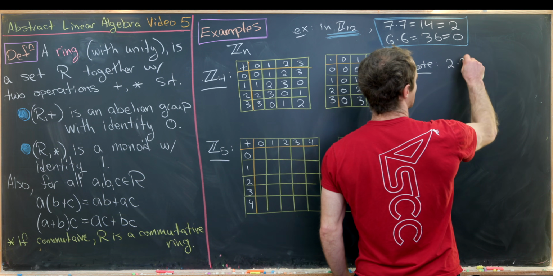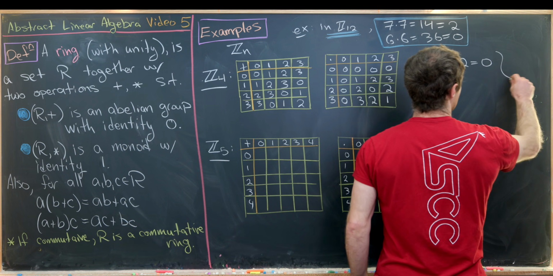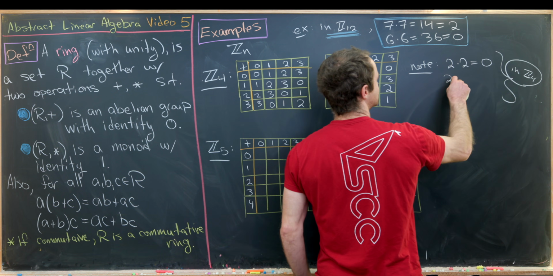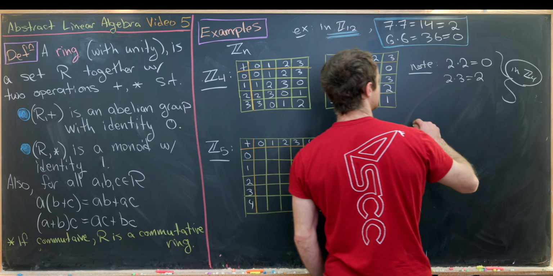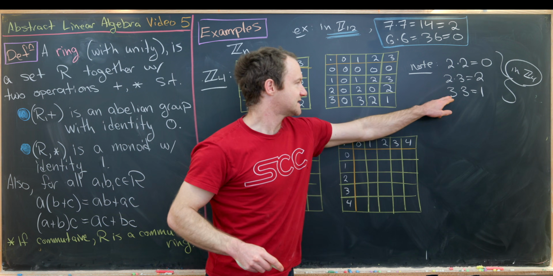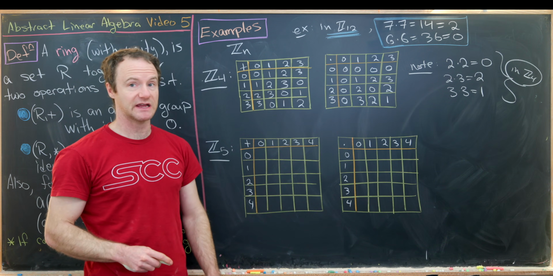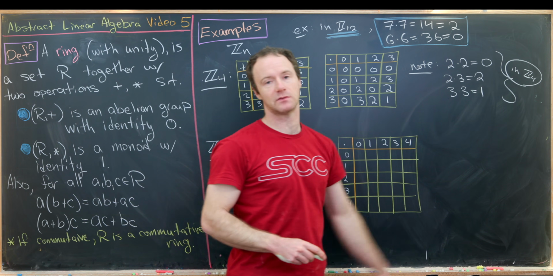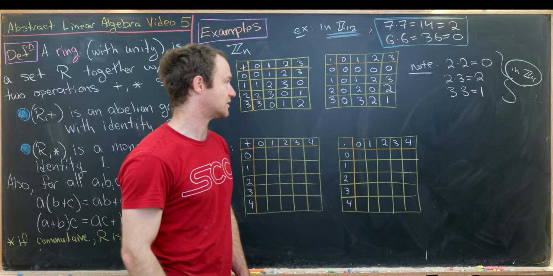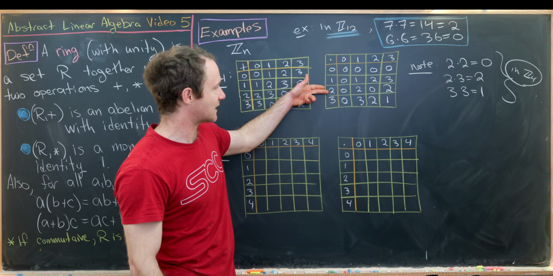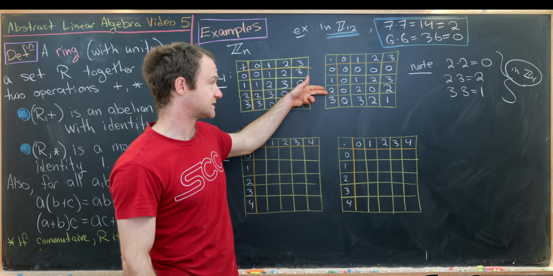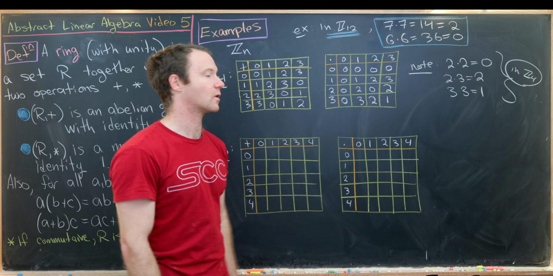We have 2 times 2 is equal to 0, and this is all in Z4. But 2 times 3 is equal to 2, and 3 times 3 is equal to 1. So this says that 3 has a multiplicative inverse, a path back to the multiplicative identity. But notice 2 does not have a path back to the multiplicative identity. We can see that just by looking at this row. The only thing we can achieve by multiplying by 2 is 0 or 2.